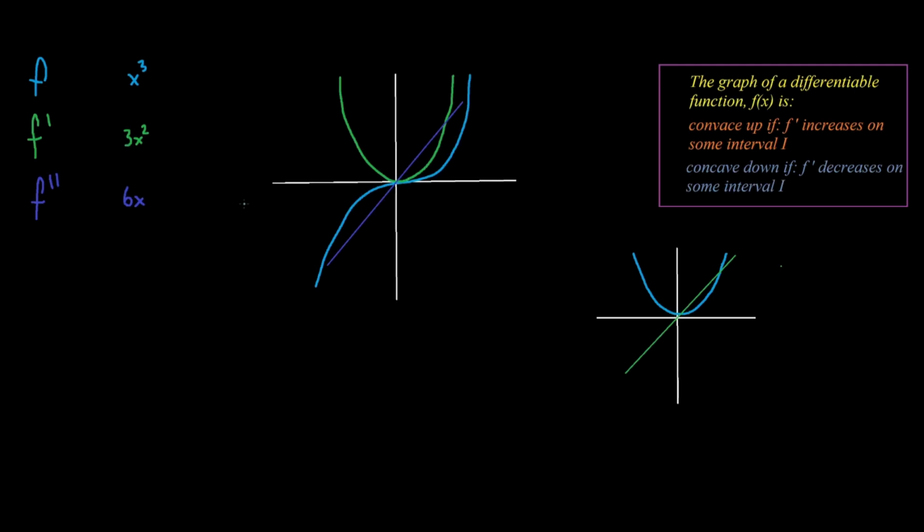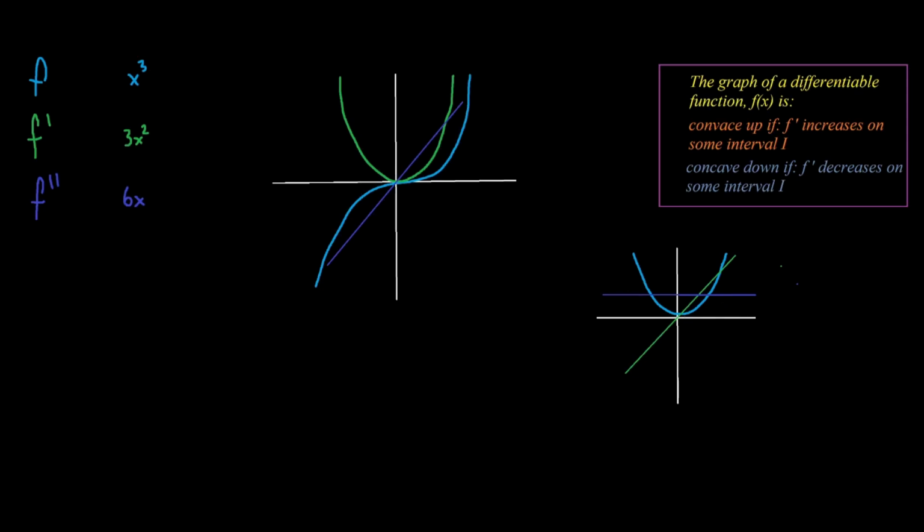Similarly, f double prime tells us the same thing, but about f prime. Now, the derivative of this line is going to be some positive constant. In this case, we don't have a defined number, so I'll just make it right here. And you can see here that f double prime is always positive.